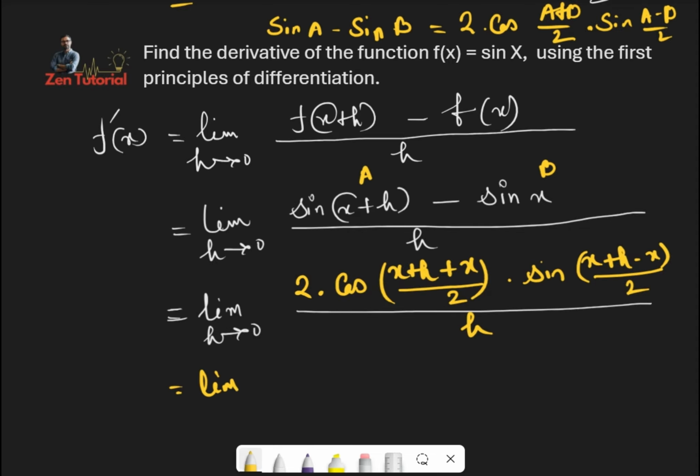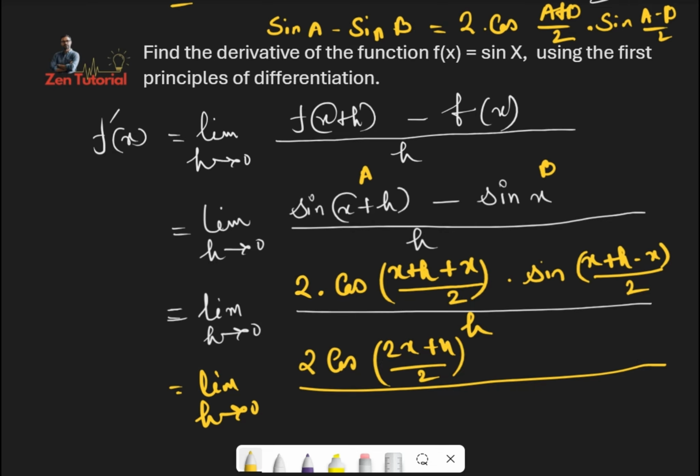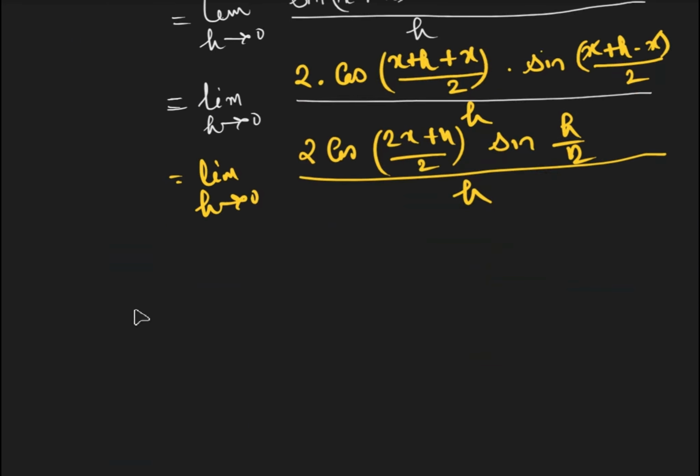Now limit h tends to 0. So here will be 2 cos of 2x plus h over 2, and sine, this x cancels out, so this will be h by 2 and this will be h. Now limit h tends to 0.